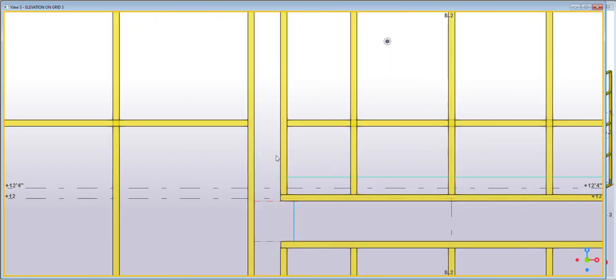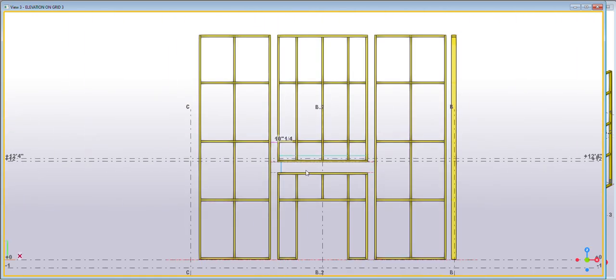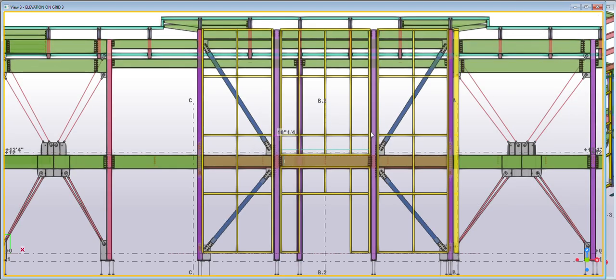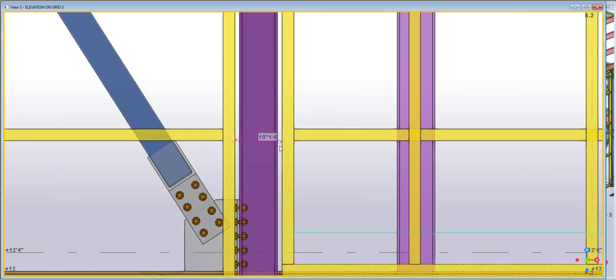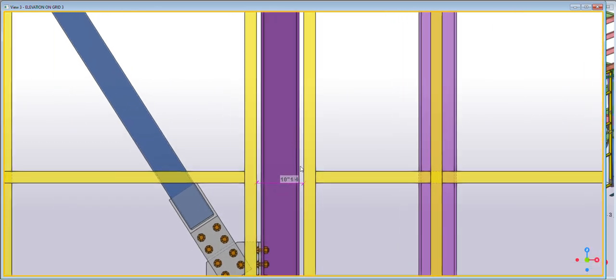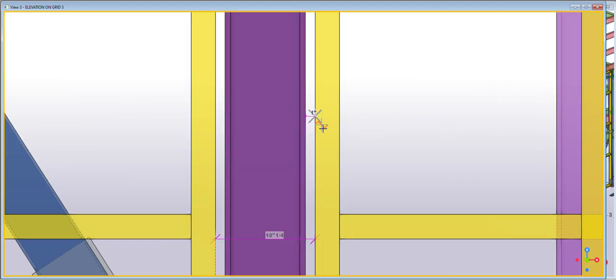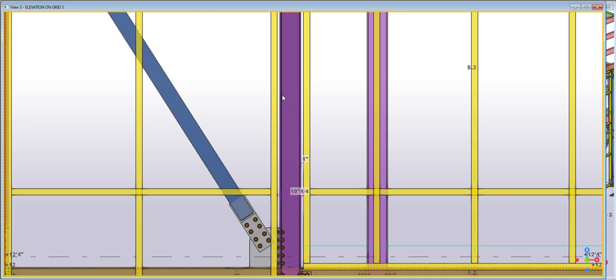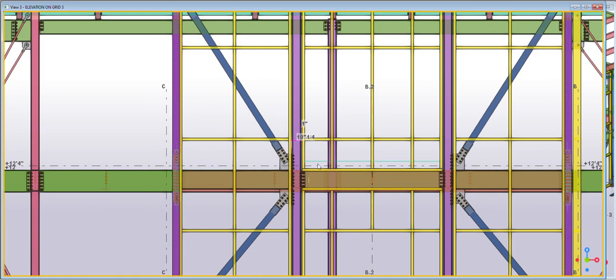This dimension right here, 10 1/4, reflects the IFC of the structural steel. In the meeting, I think it was Slate was saying he wanted an inch on either side of that to build that wall up, that column.